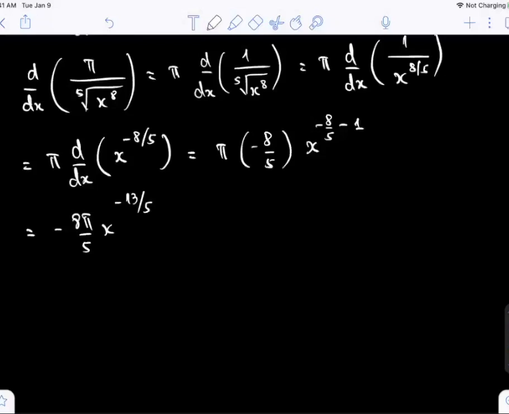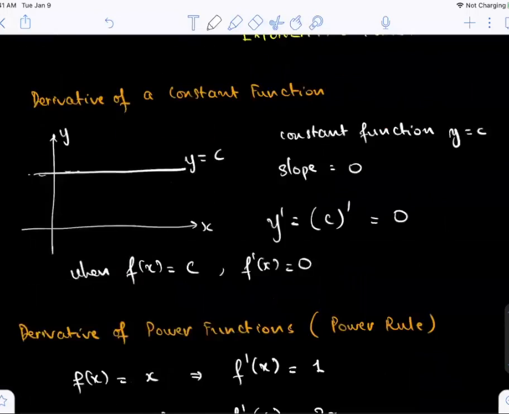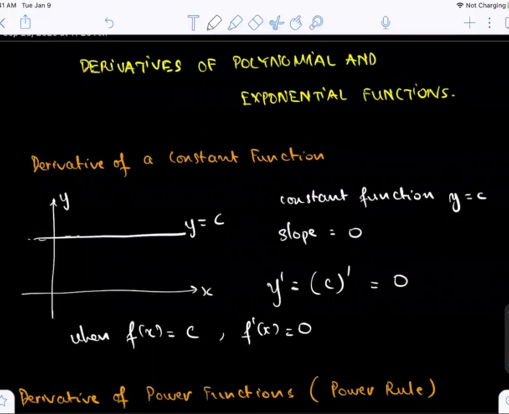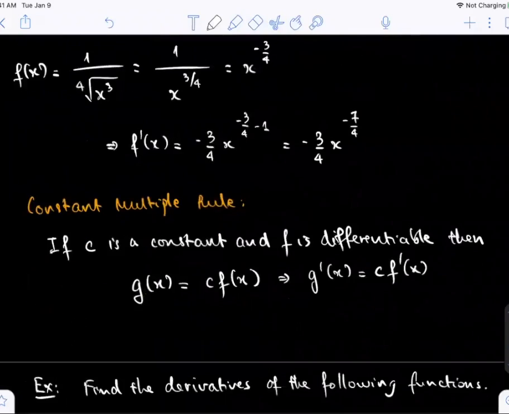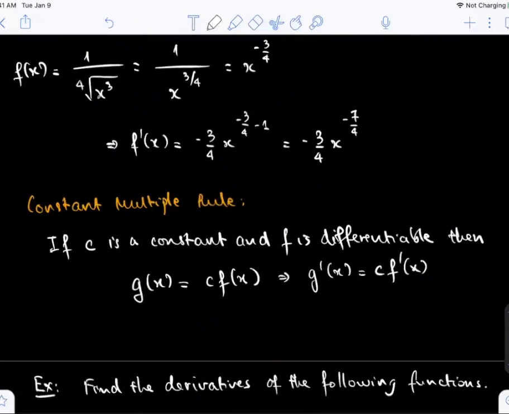So maybe like this, from the beginning. If you consider the constant function by itself, if you just take the derivative of a constant by itself with nothing attached to it, then yes, the derivative is equal to 0. But this is a different situation when you have a constant multiple, a constant multiplied by something else.